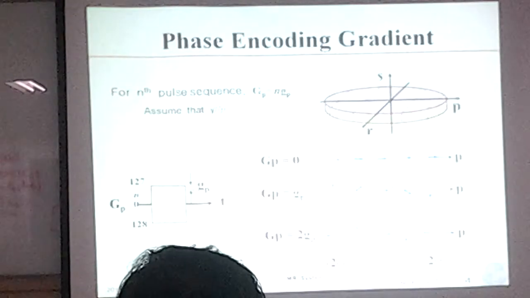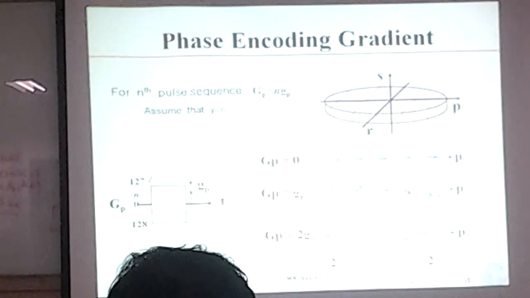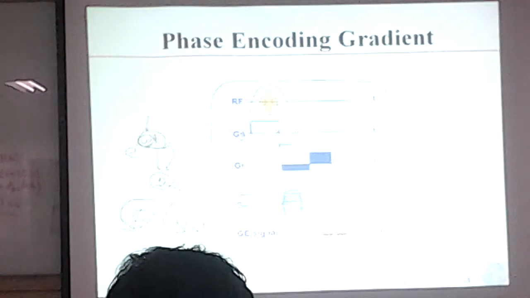So the rotation position is the phase. That means for this spin, this is the phase at this point, and this is the phase. So this phase depends on the field strength and the waveform duration T. So this large T corresponds to this time.